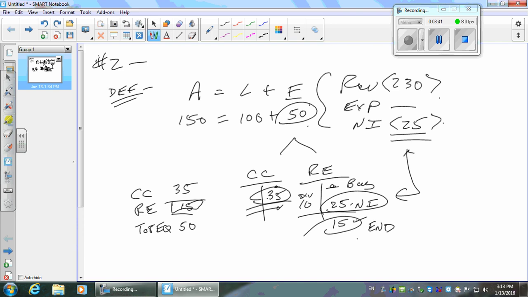Positive 25. See, we can say positive and negative once we realize we're dealing with debits and credits. They just do different things at different times, right? In an equity account, credits increase, right? Debits reduce. An asset account would be different than that, right? It's the opposite. Okay. Did that do it? We're there? All right, good guys.